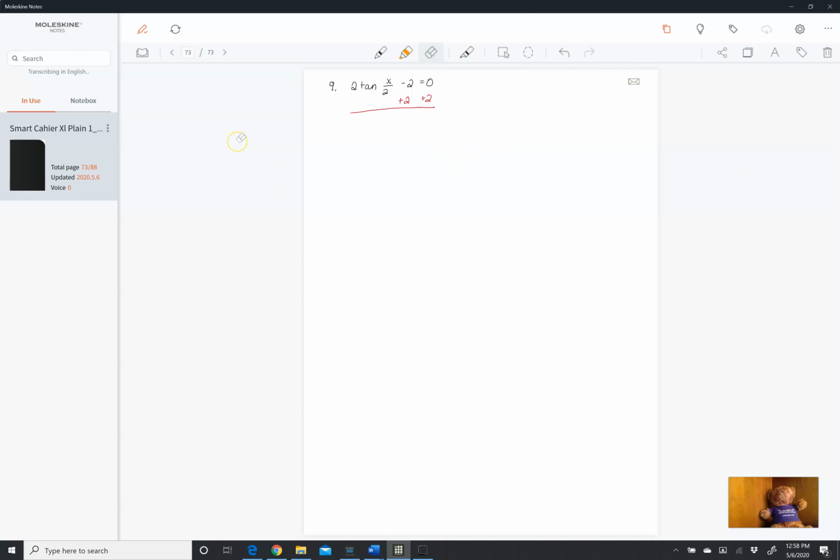So we get 2 tangent x over 2 is equal to 2. Divide everything by 2. Again, all you're doing is isolating the trig function. So this cancels, and we're left with tangent of x over 2 is equal to 1.